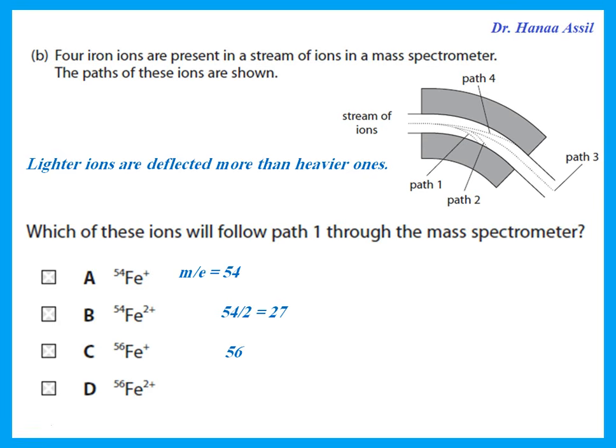Remember the charge, +1 or +2, that is the e. So 56 over 1 is 56. The last choice is 56 over 2, that's 28. So which of these is lighter? Well, B is the one that has an m over e of 27. So this would be the one that is deflected the most.